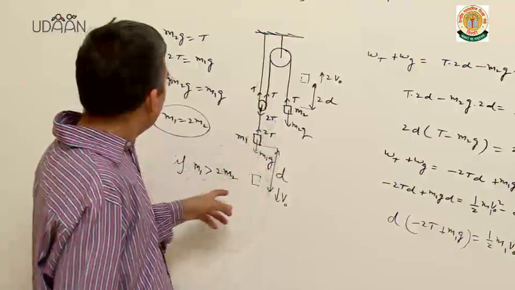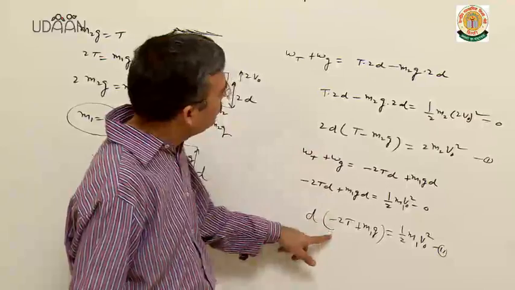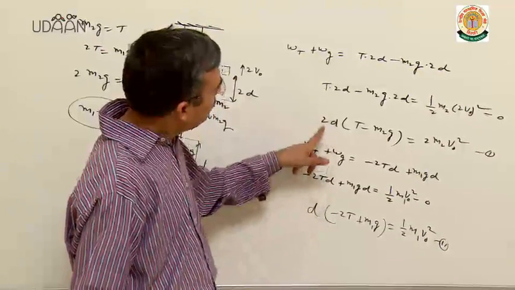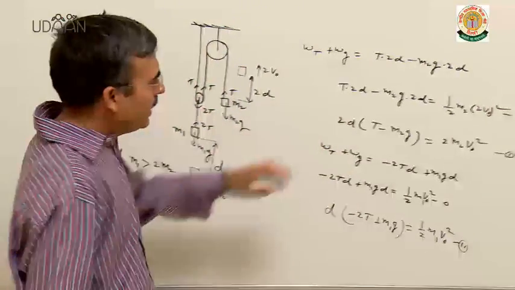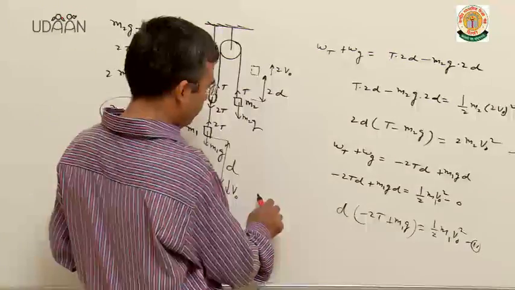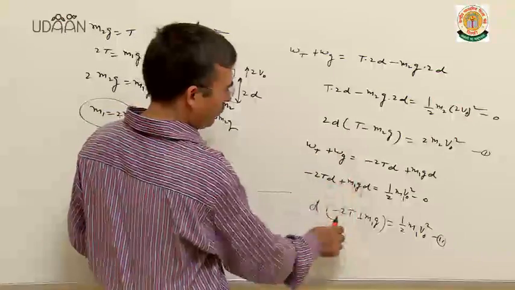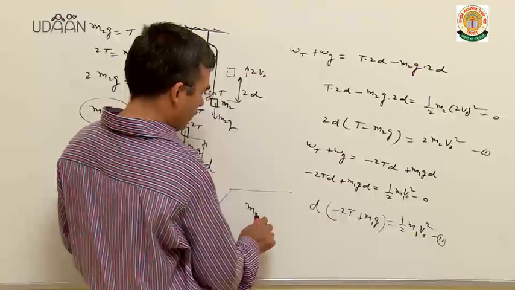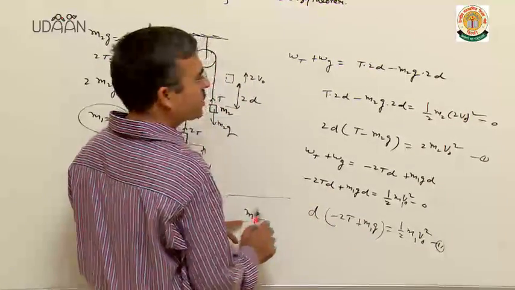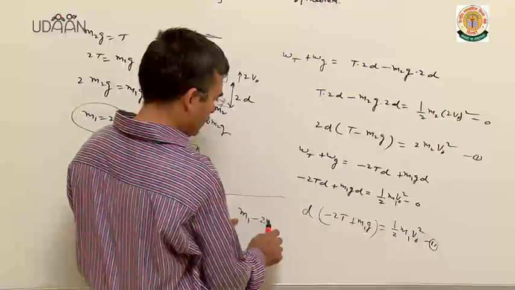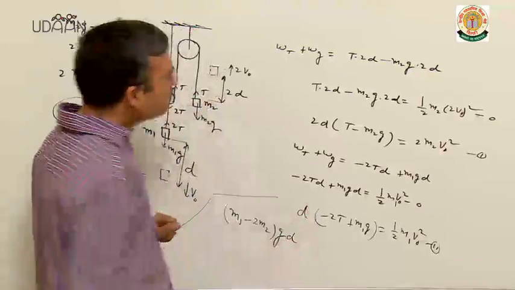To find speed of each block, solving equation 1 and 2, if you add them, the 2d into t, d into minus 2t, that will be negative. Adding 1 and 2, we will get the relation. It is m1 into d into g minus 2m2 into g into d.